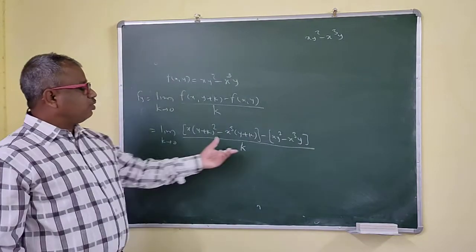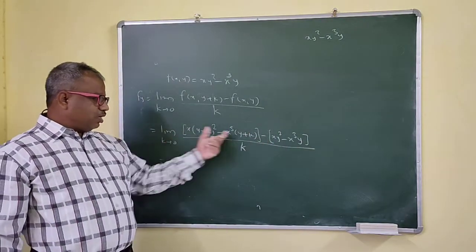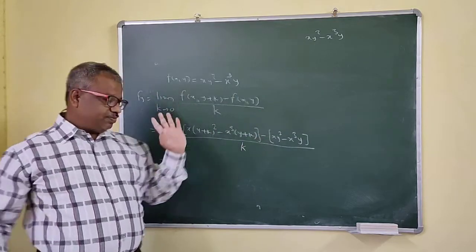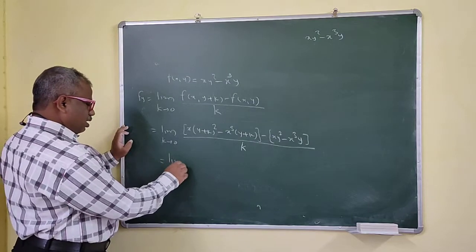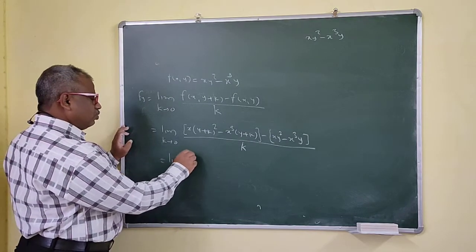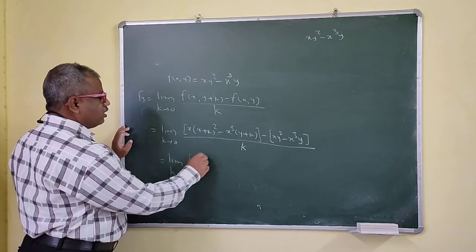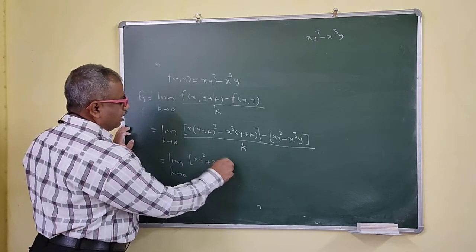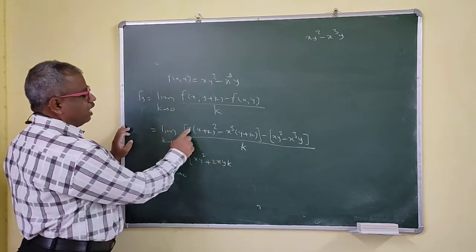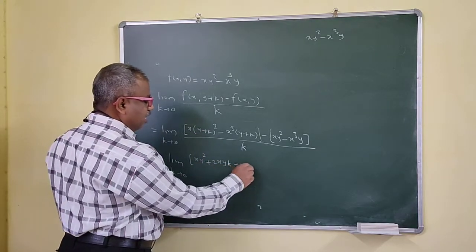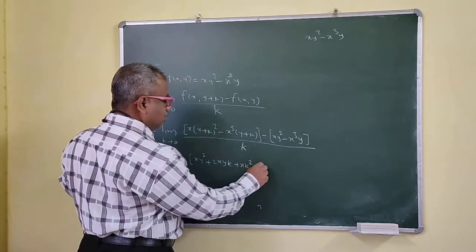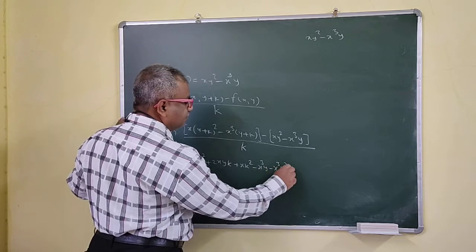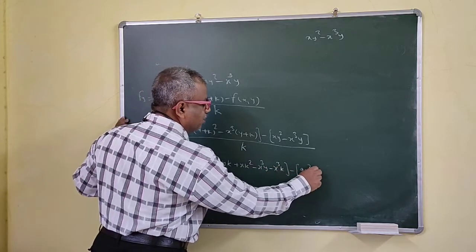So what we have to do? Actually, we have to take k common now. That means if you expand this one, the terms not containing k should get cancelled. So this is limit k tends to 0. We will expand this: xy square plus twice xyk plus xk square minus x cube y minus x cube k minus xy square.